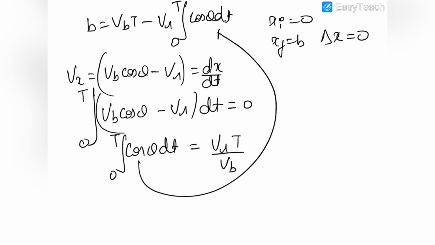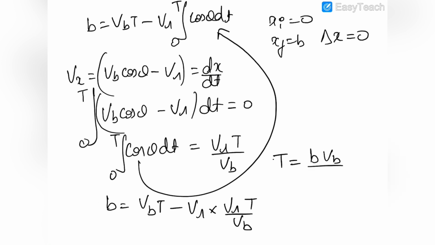So we can substitute this value here. So B will be equal to VB into t minus VR into t by VB. So t will be equal to B VB upon VB square minus VR square.